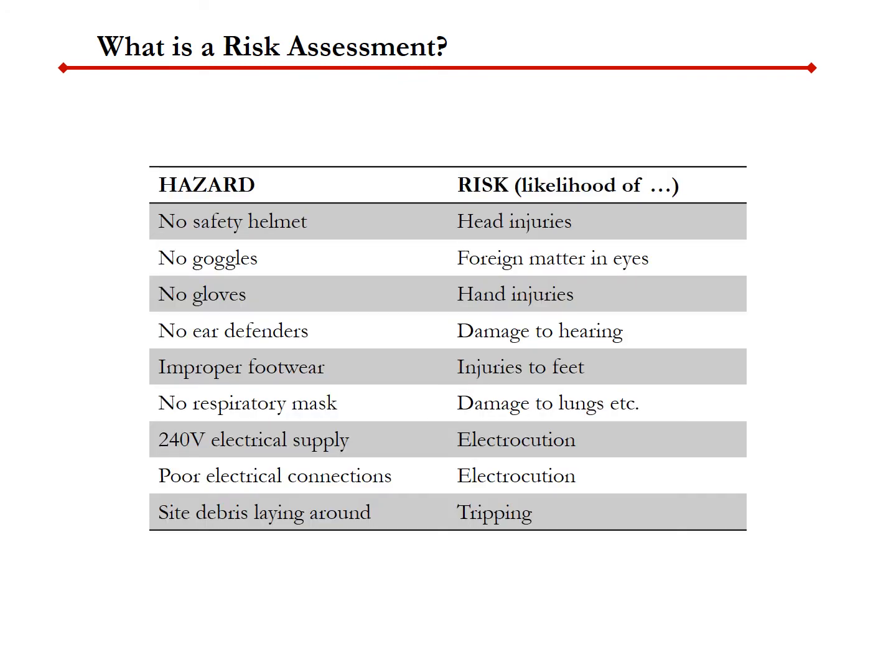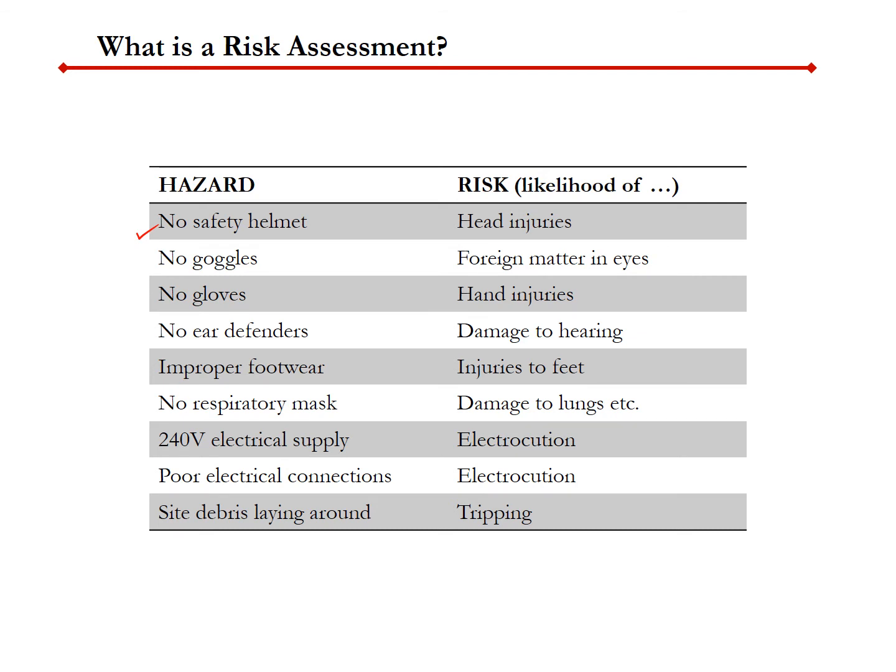Also here we could see in this table some examples to make clear the difference between hazard and risk. For example, here it says no safety helmet. This guy is not using a safety helmet. That's a potential hazard, let's say he's in an industrial site or a construction site.